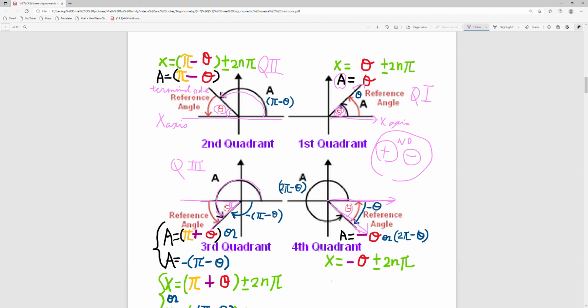So for example, if this was the 60 degrees we talked about earlier, then this will be 120 degrees, because this is 60. And because this is 60 degrees, 180 plus 60 will be 240 degrees, right?